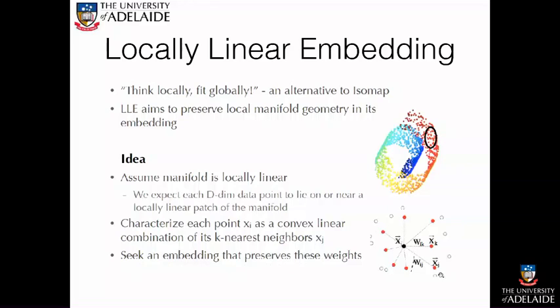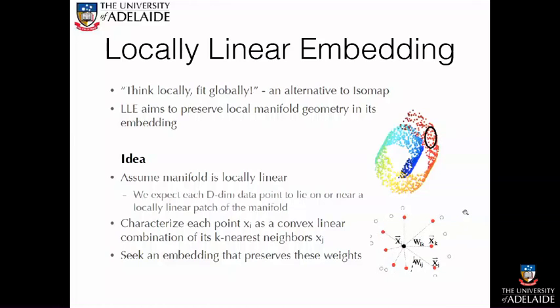So in this locally linear neighborhood, given a data point, we can always represent this particular data point as a weighted sum of its neighbors, okay? And then we calculate the weights of its neighbors.